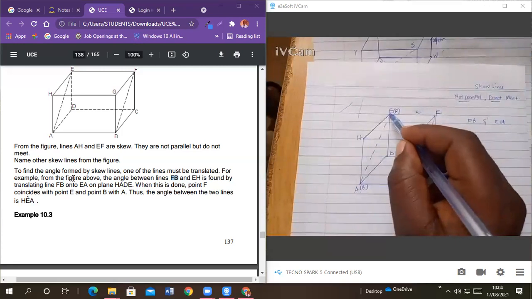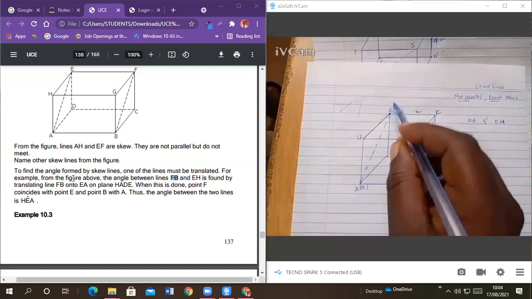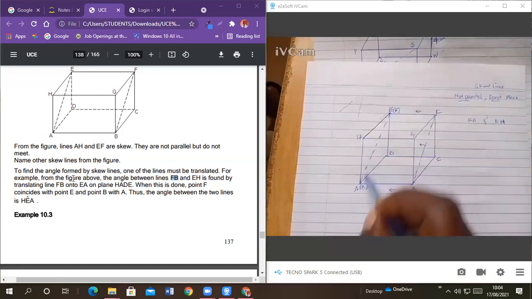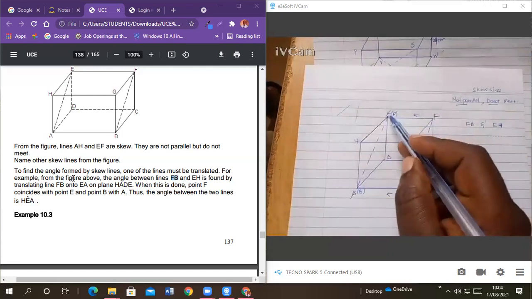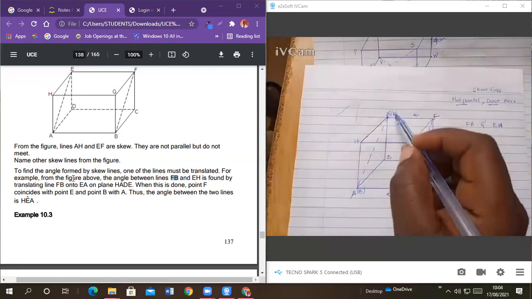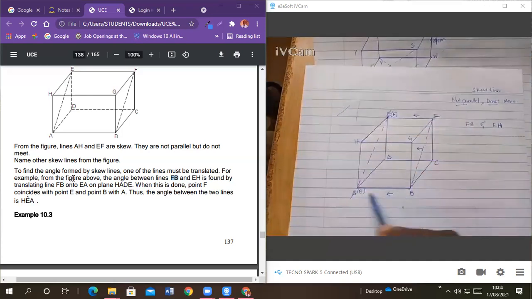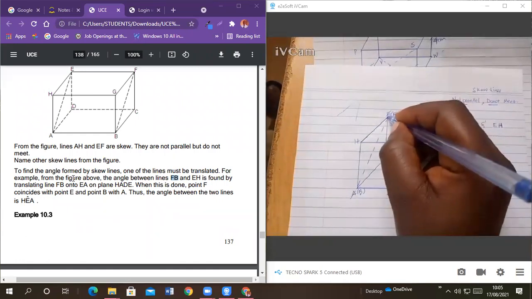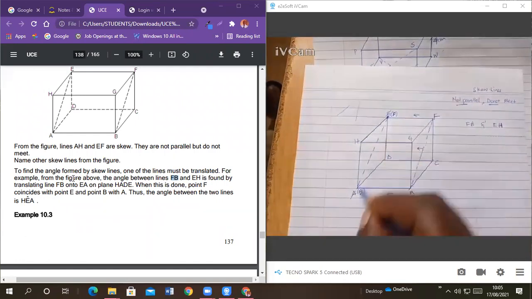So at this point we shall be having F, not E, because we have shifted the F here, and we have shifted the B there. Members, are we together? Yes. So now our new point is F, and here our new point is B.